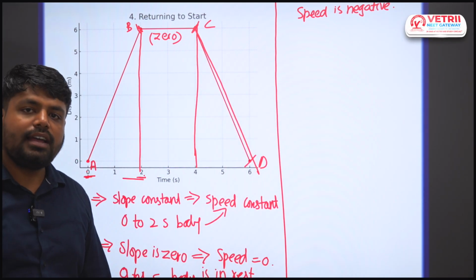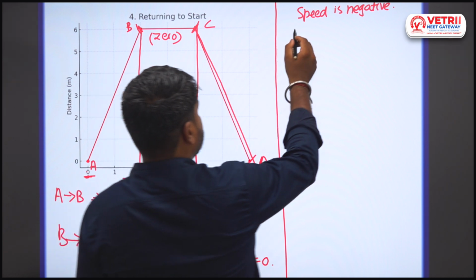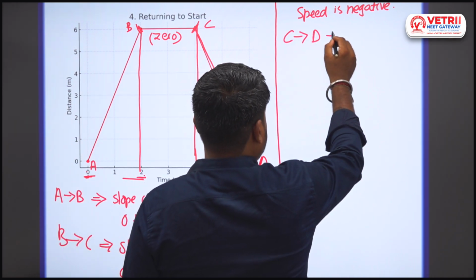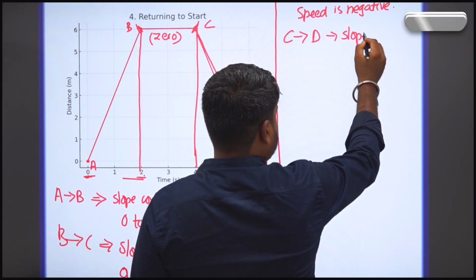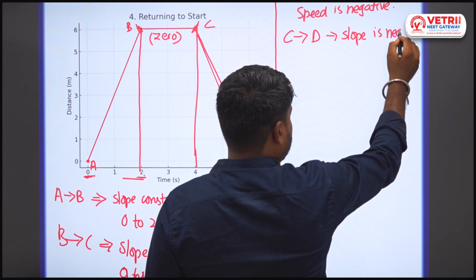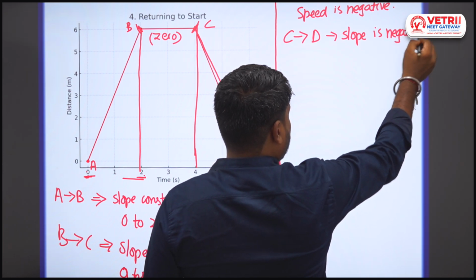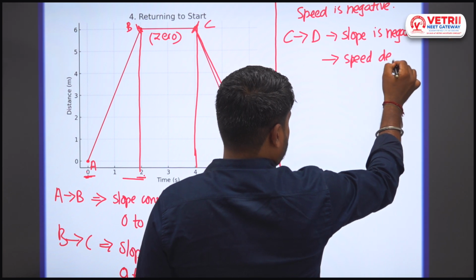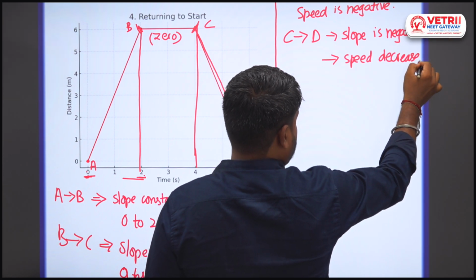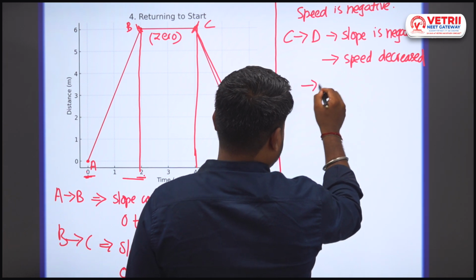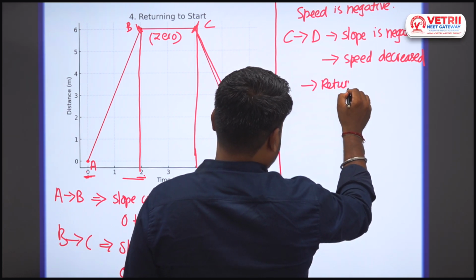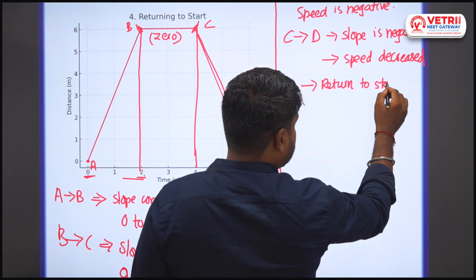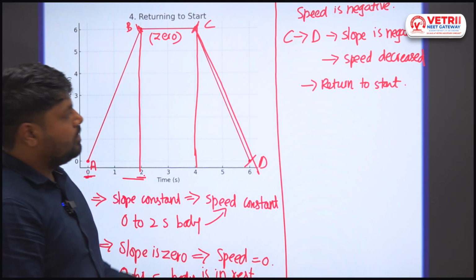It is returning to the starting position. So from C to D, slope is negative. Slope is negative means speed decreases. Negative means decreasing. So return to start position. Okay.